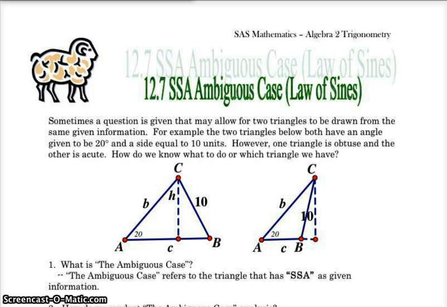So what does it mean to be an ambiguous case? Well, if you go back to your geometry days, remember we could prove two triangles were congruent if the side and the angle in between the two sides were congruent, or if the three sides of two different triangles were congruent, or if two angles and the side in between them of two triangles were congruent.